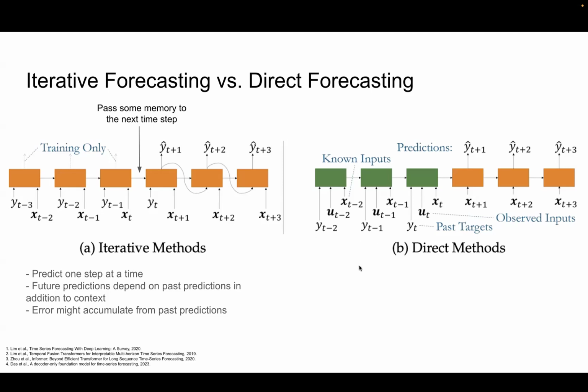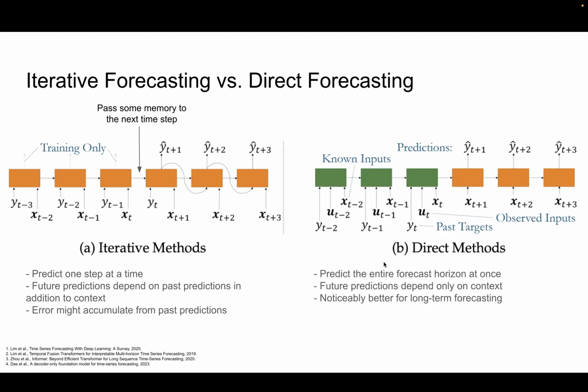So if we want to do long-term forecasting, we can apply the direct method. Instead of just predicting one step at a time, we can make the model predict the entire forecast horizon at once. And compared to the iterative method, we'll see that the direct method is much better for long-term forecasting.